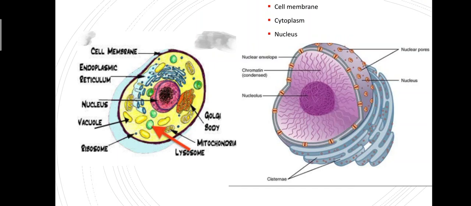Now, in addition, in plant cells and bacterial cells there is an addition. They have an outer wall surrounding the cell membrane. This wall is called the cell wall.